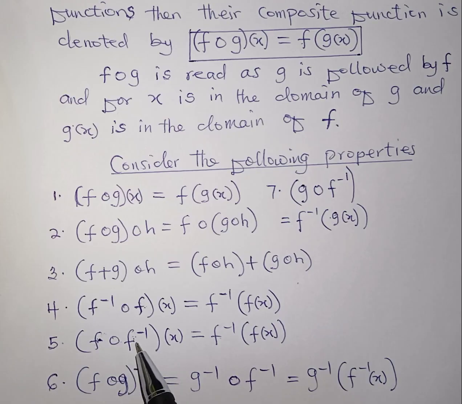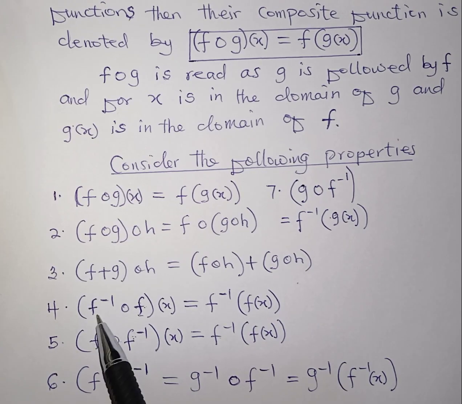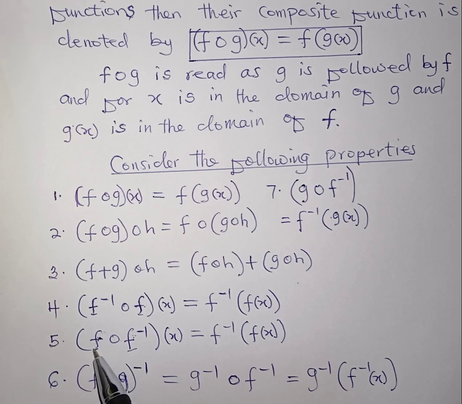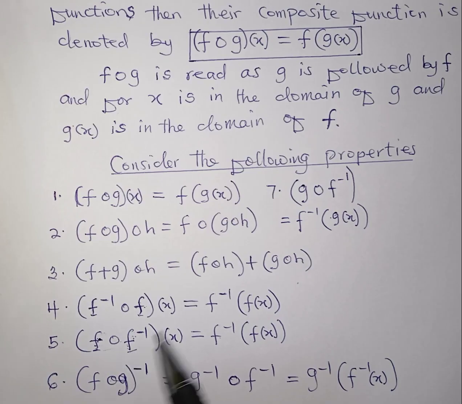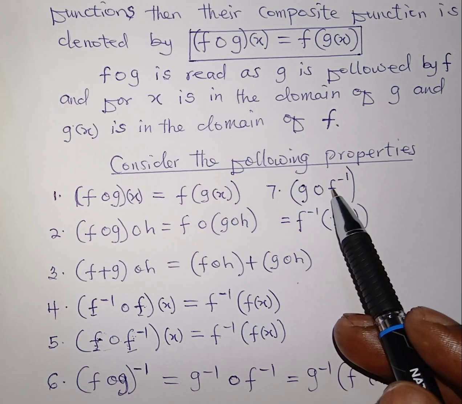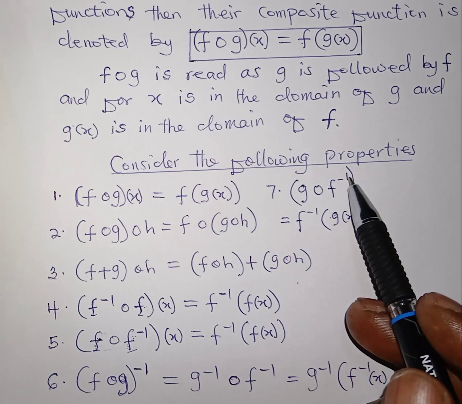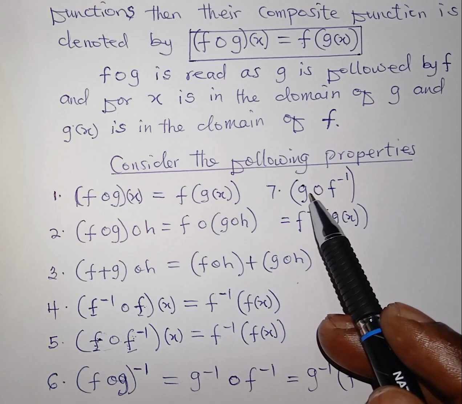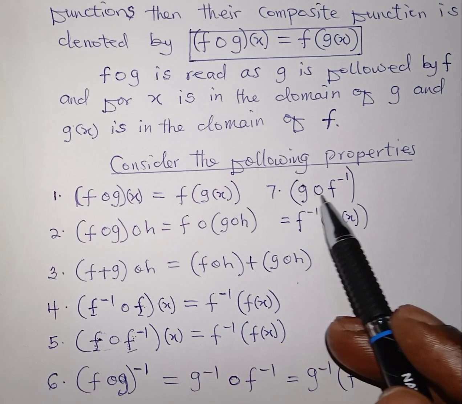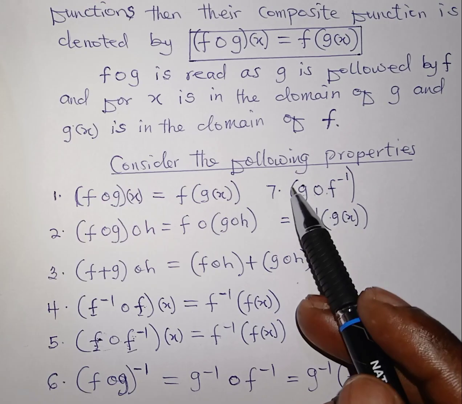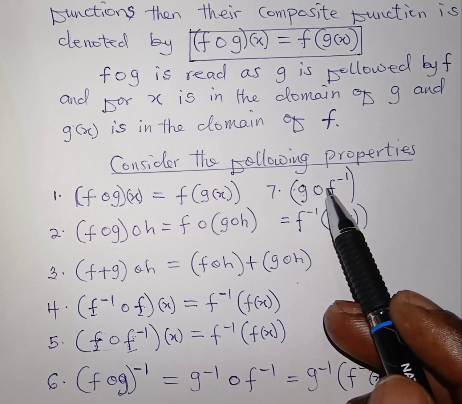Remember, because this one we are talking about F. This is also F. A function and its inverse. This is F. This is also F. A function and its inverse. But this one is an inverse of a function with another function. We are not talking about F and F, they are different. So this one, how you see it, it should follow like that.